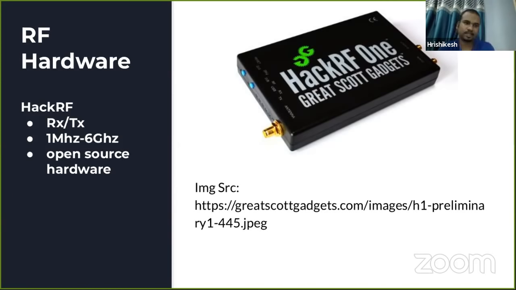It can receive and transmit both, like I said, RX and TX. It has a frequency range of about 1 megahertz to 6 gigahertz, and it is open source hardware. So you can modify it, have a look at the schematics, and do your own modification when it comes to hardware.